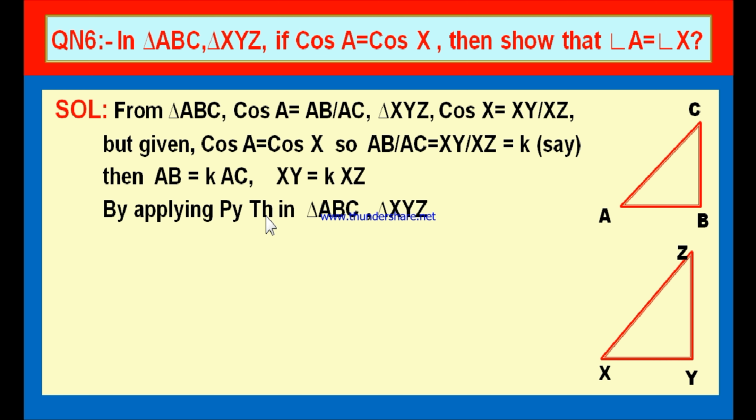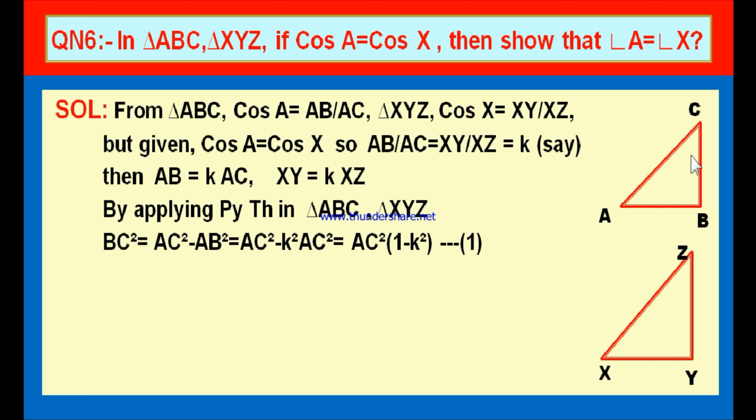By applying Pythagoras theorem to triangle ABC, BC square is equal to hypotenuse square minus other side square. That is AC square minus AB square. Is it clear? BC square is equal to AC square minus AB square. AC square write as it is, minus AB square, but we know that AB is equal to K times AC.